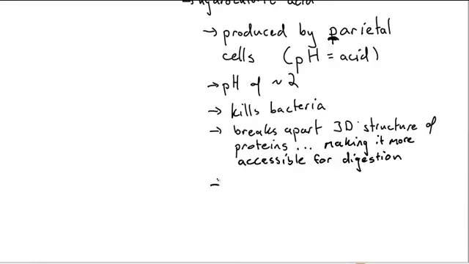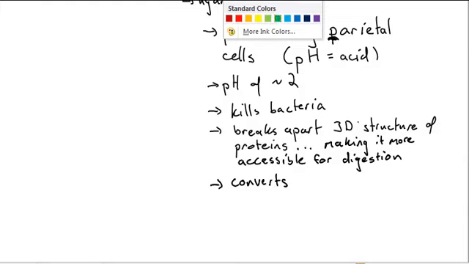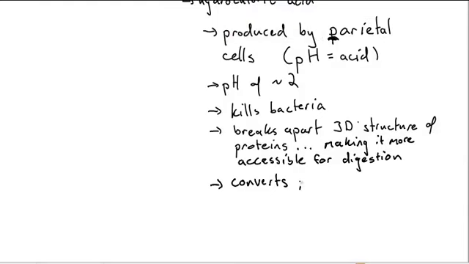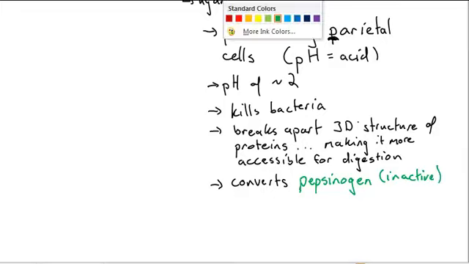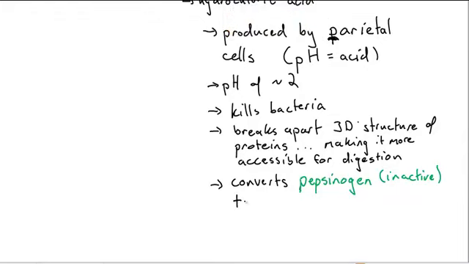HCl has one more important role. It converts a very important enzyme called pepsinogen, which is inactive, to pepsin, which is active.